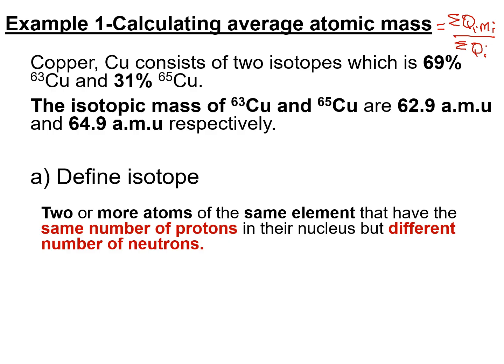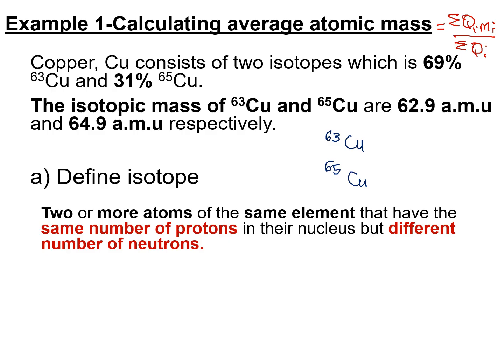Basically here it says this copper consists of two isotopes, which is 69% of 63 Cu and 31% of 65 Cu. So here you can tell there are two isotopes, 63 Cu and 65 Cu.